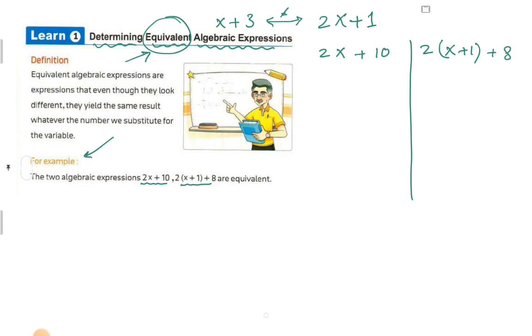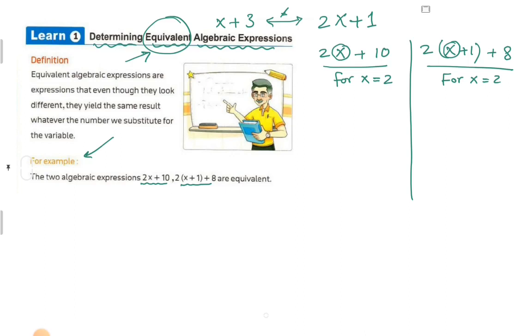Okay, now how to know if these two expressions are equivalent or not? Note with me. First, we have x and x, right? Now, we will say x equal 2 for the two expression.